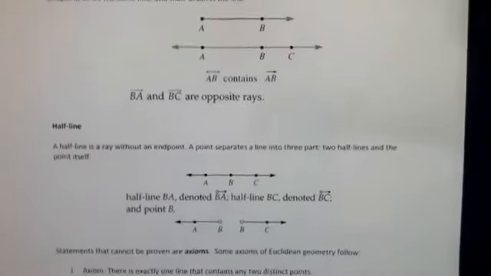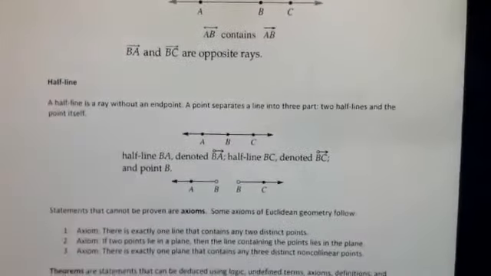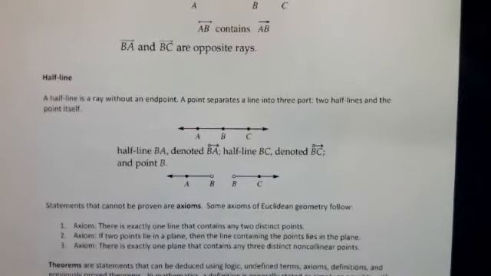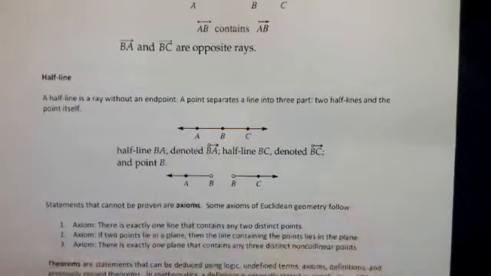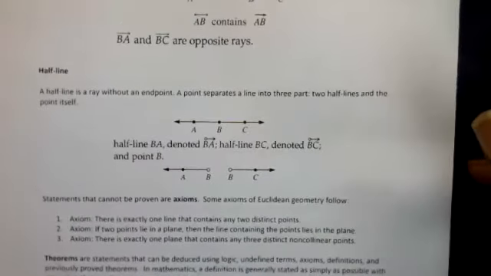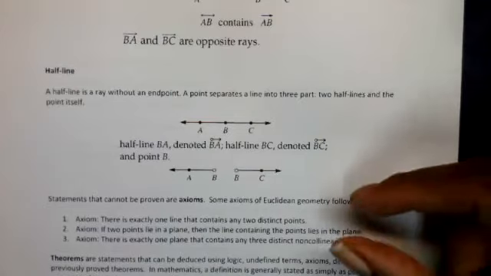All right, next we look at a half line. A half line looks like this. It is a ray without an endpoint. A point separates a line into three parts, two half lines and the point itself.